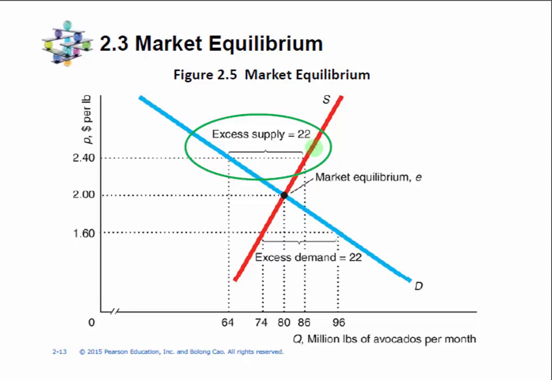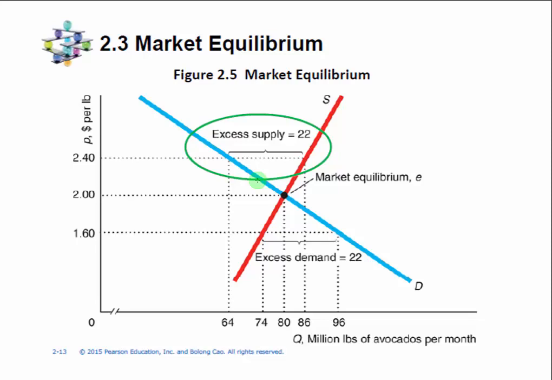And what the firms need to do is lower the price, mark down the price towards $2. And once the consumers see avocados become cheaper, they would like to buy more. And again, both of the two sides make a move, right? They change their behavior, which drives down the price towards $2. And as the price goes down, the quantity supplied also goes down, right?